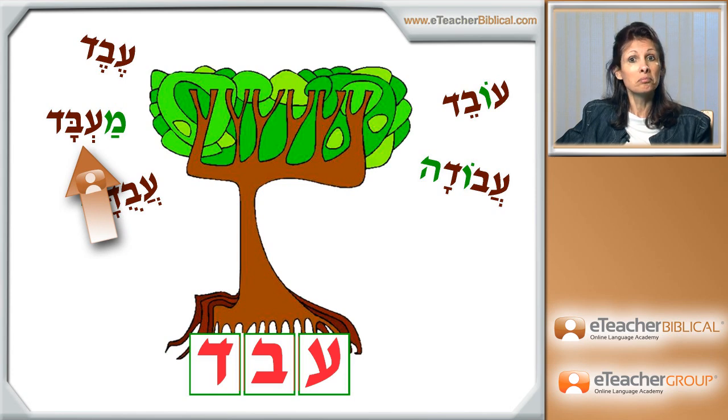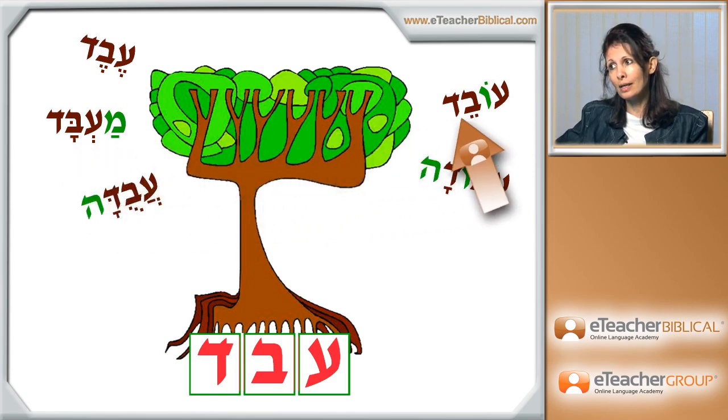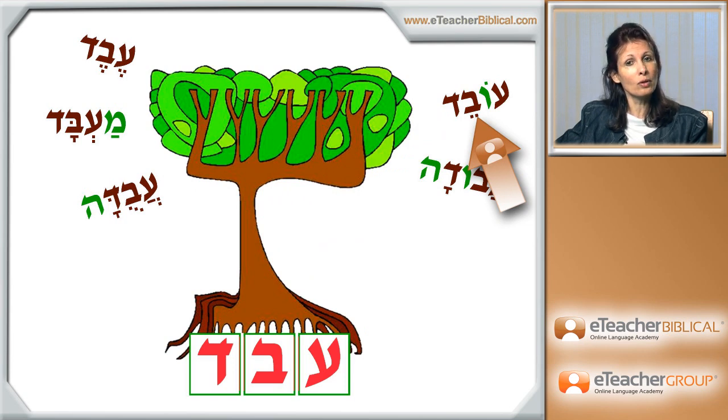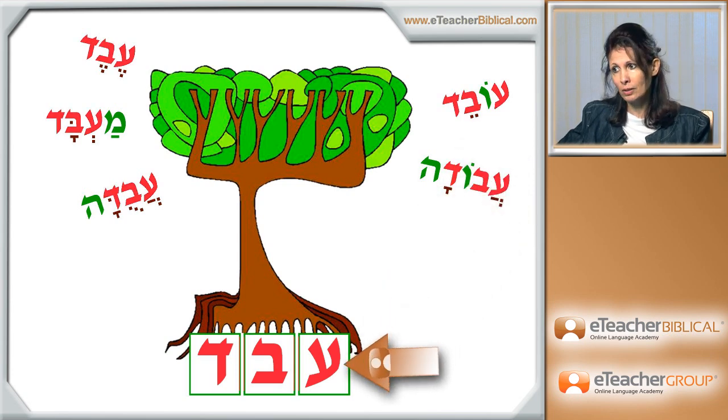Ma'abad is sharing the same root, but it's a different word. It's work. Go further right to the word Oved. Oved is a worshipper and also a proper noun for a person that probably worships somebody important, maybe a priestly worshipper. You can see very nicely, all of them are taking the same 3 letters that appear at the bottom under the tree. Those are the root letters.